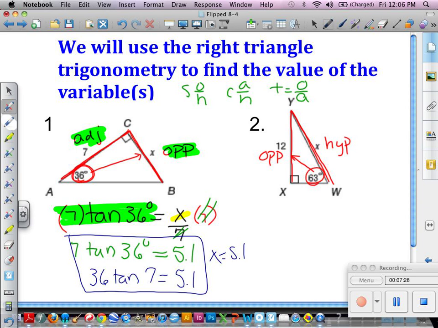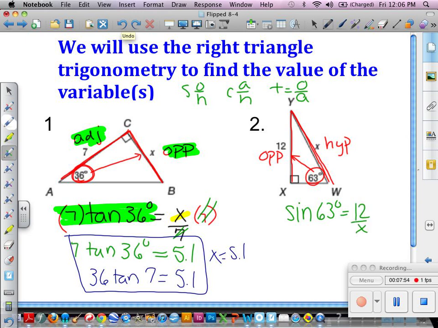I label those, that helps me figure out what trig function I'm using. So I'm going to use the O and the H. So I'm going to go with sine. I'm going to use sine of theta, which is the angle, 63 degrees, equals opposite, O, 12 over x.